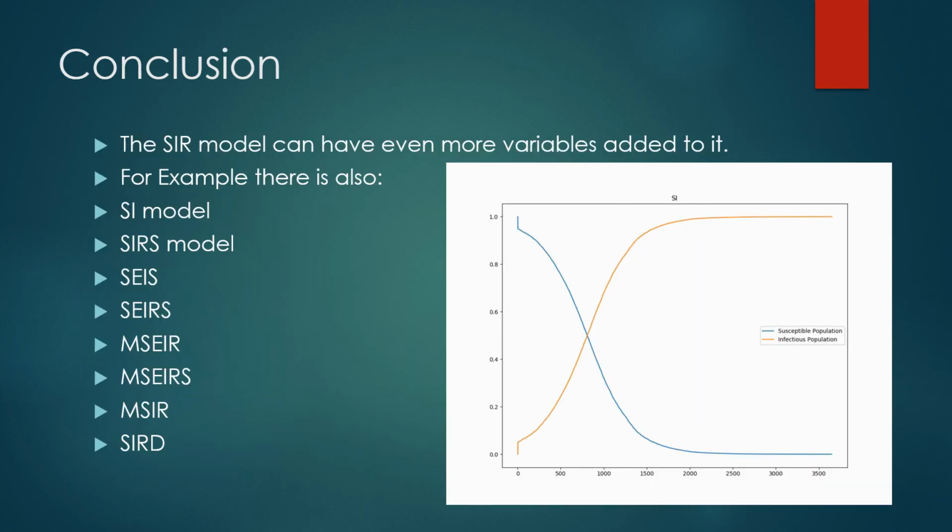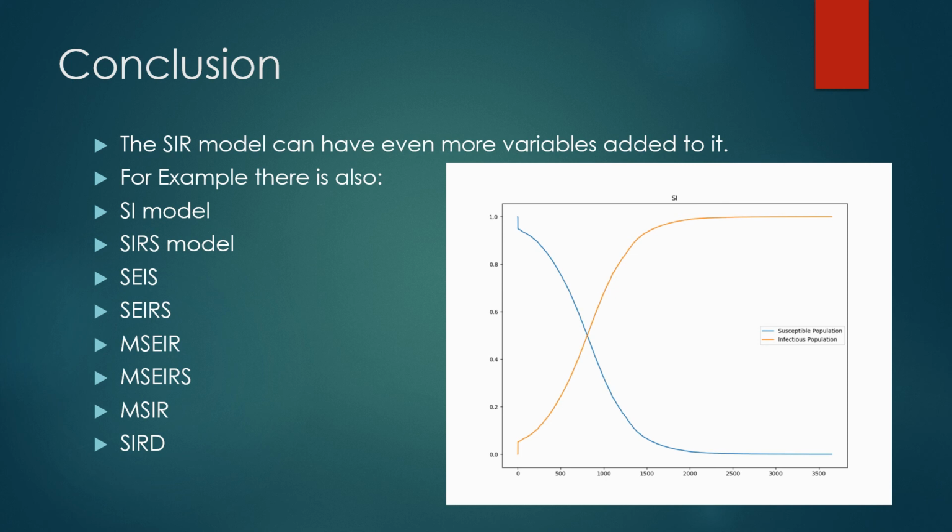So to conclude, I will say that the SIR model is not 100% accurate when predicting the growth of an epidemic. This is because there are limitations to the model, and we can keep adding more and more variables to the model, such as vital dynamics and other things. We can have SEIR, SIS. Then there's also the SI category, where once you become infected, it's permanent.